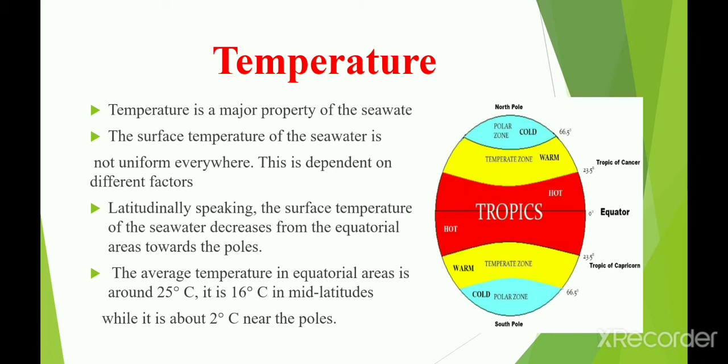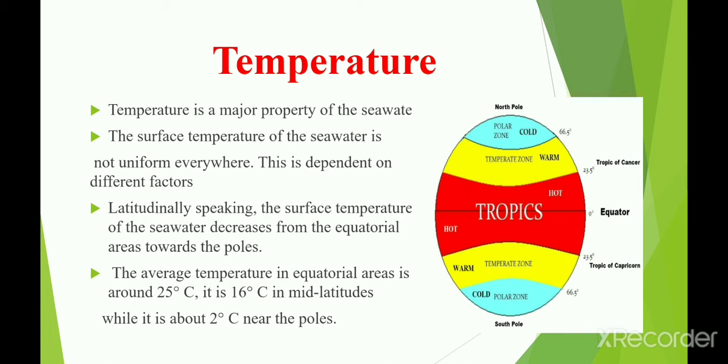Latitudinally speaking, the surface temperature of the seawater decreases from the equatorial areas towards the poles, because on the equator sun rays fall perpendicular, that's why there is a lot of heat.